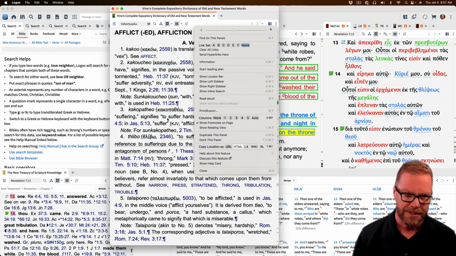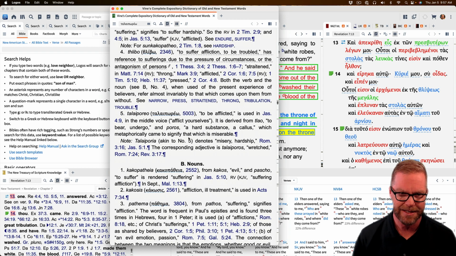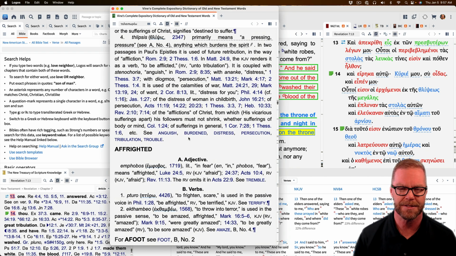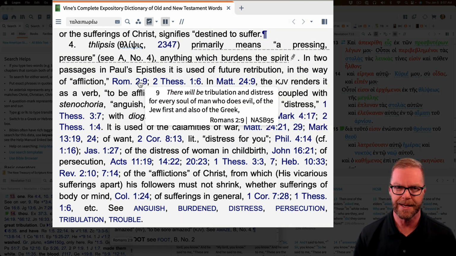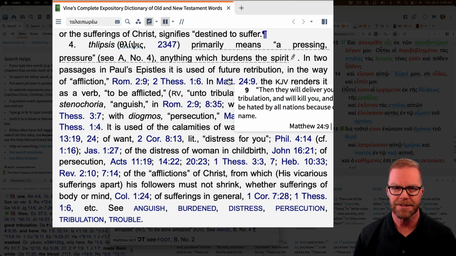There we go. So I go down here and I'm looking for what's in our text, right? I'm looking for this word right here, thlipsis. Primary meaning: a pressing, a pressure, anything that burdens the spirit. And two passages Paul uses, and you just hover over it and it'll show you what the passage is, which is nice in Logos, so I can just see what it is.